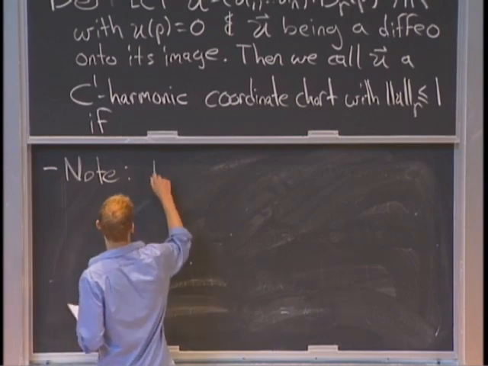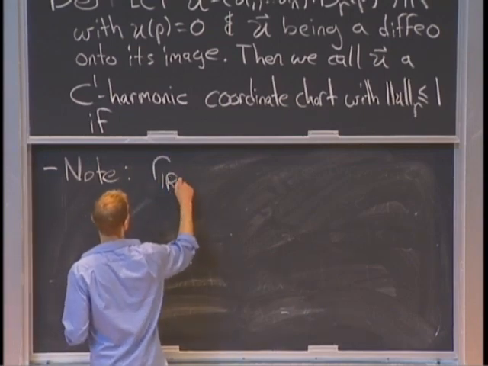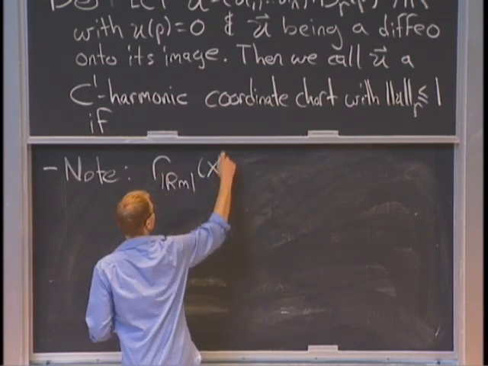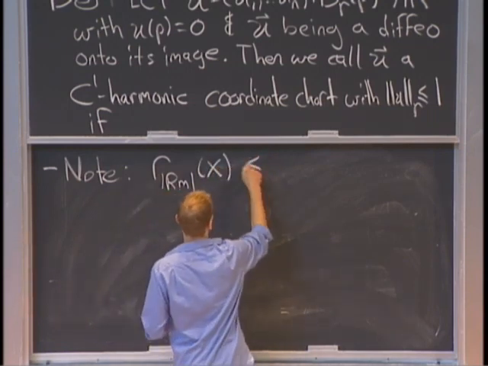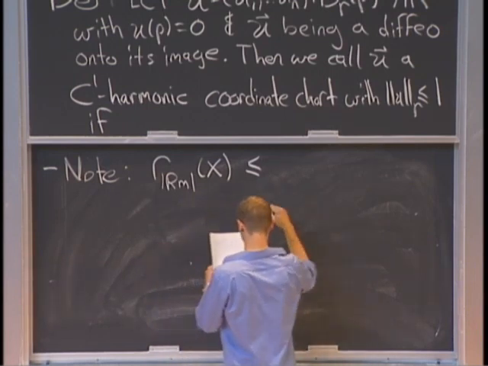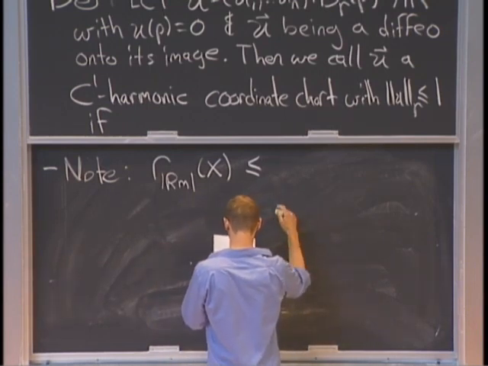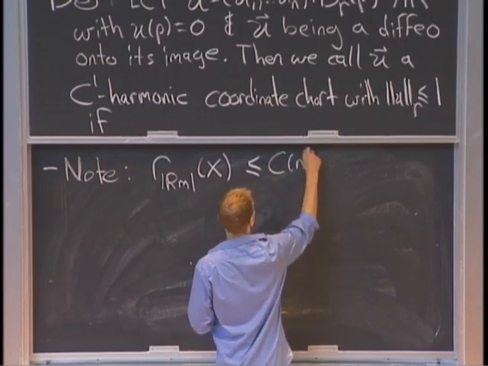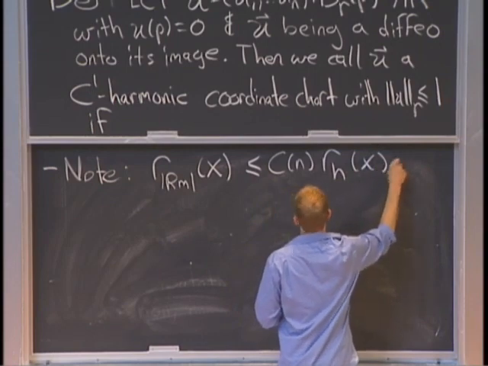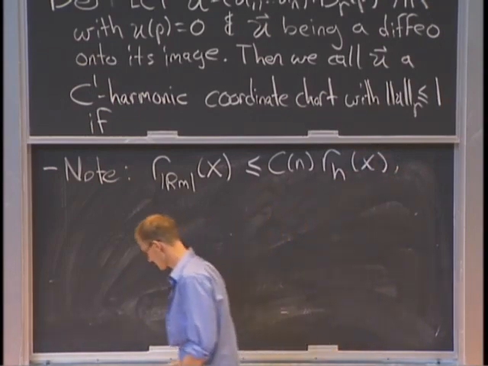So what's that mean? That is to say, this is more or less a rephrasement of the question he asked a second ago. There exists some dimensional constant such that we always have that the harmonic radius is bounded from below by the curvature scale.